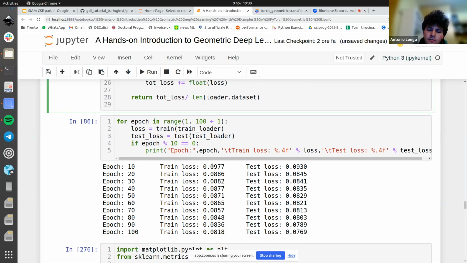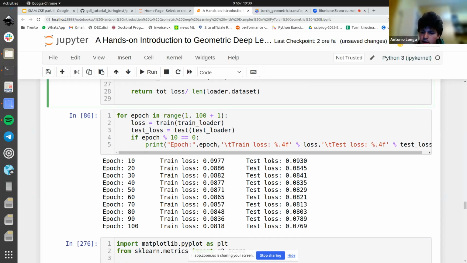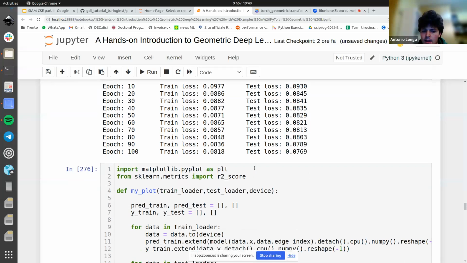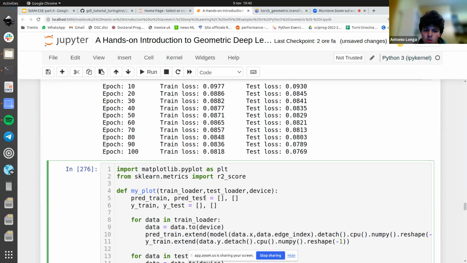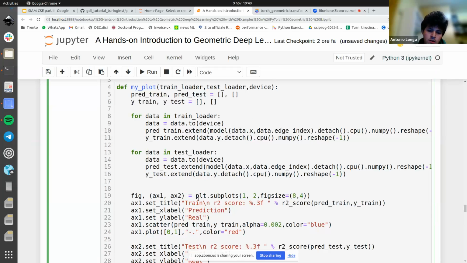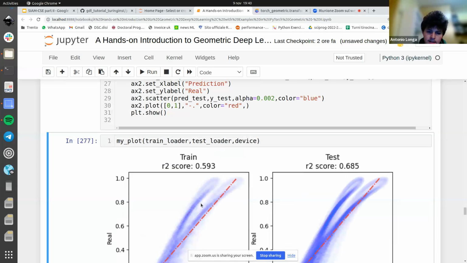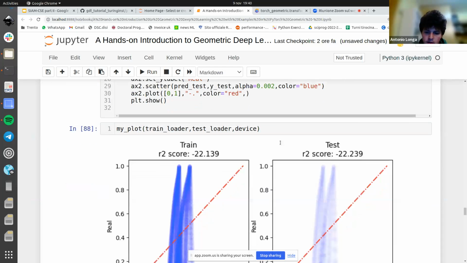You can see that in train it goes from 0.9 to 0.8, while in test from 0.9 to 0.07. Those results are quite difficult to read. What does this 0.07 mean? To have a better visualization, I prepared this really small function that produces a scatter plot. I don't want to spend time on those functions. It's just a matter of printing stuff.